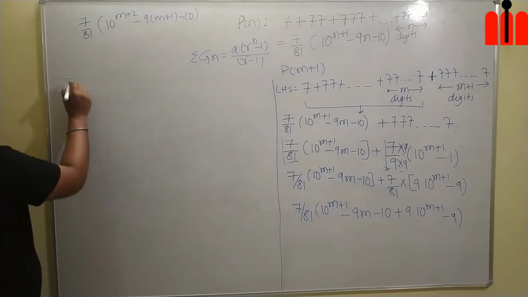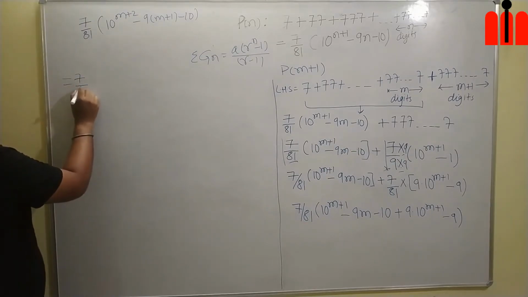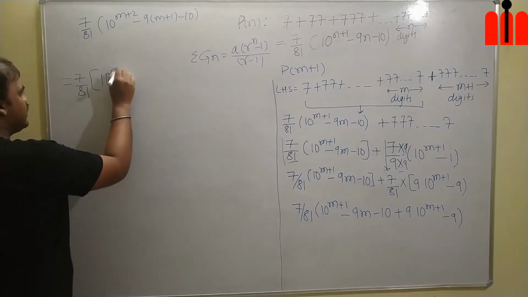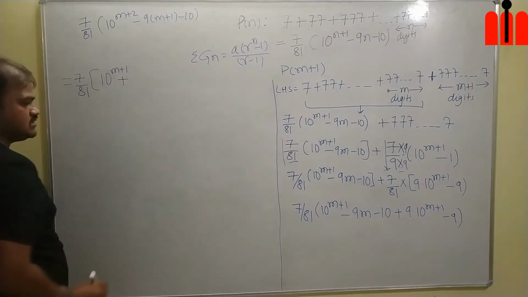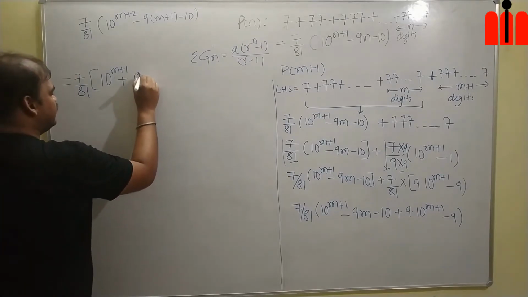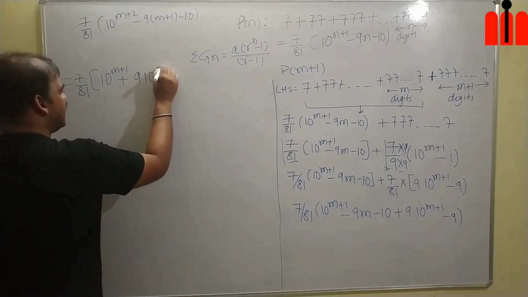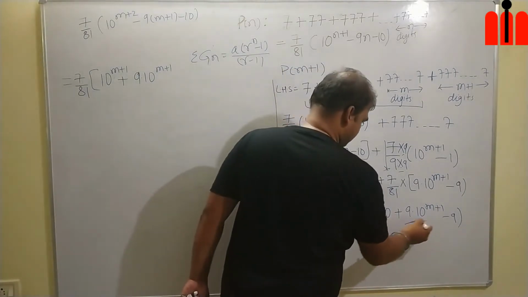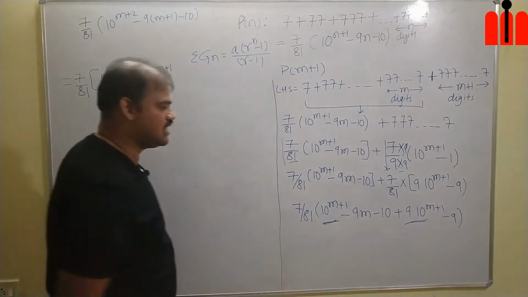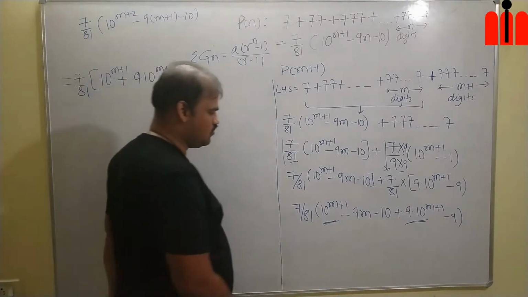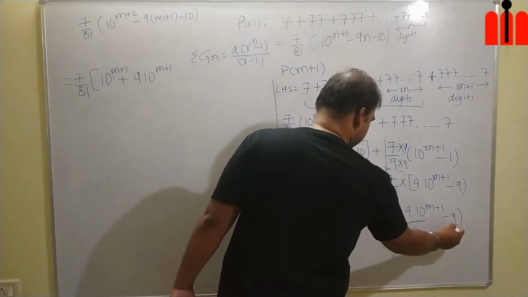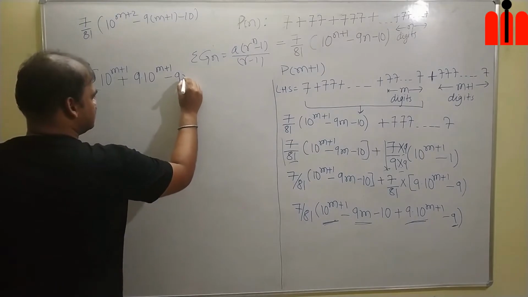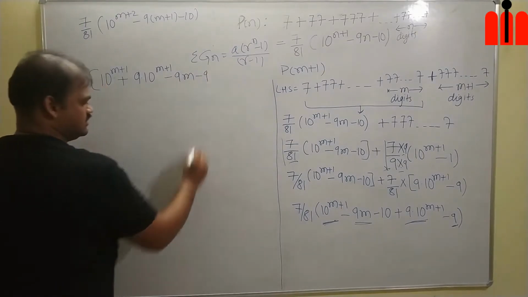So here it will be 7 by 81. After that 10 to the power of m plus 1 plus 9 into 10 to the power of m plus 1. So this term and this term, both the terms I had taken out. Now I will take this term and this term, which will be minus 9m minus 9.